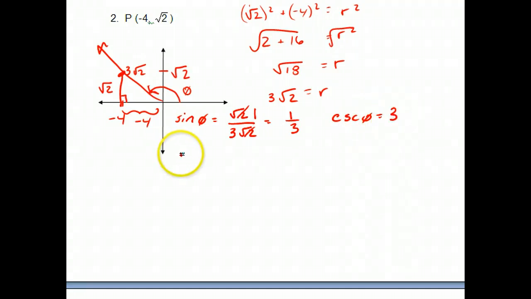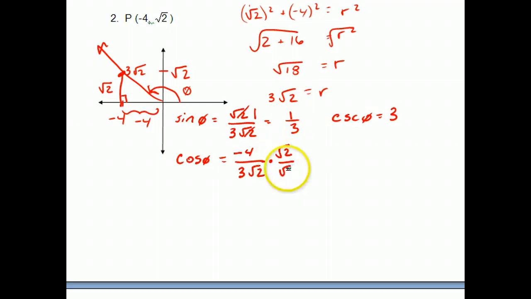Okay. Cos theta is going to equal x over r. So that's going to be minus 4 over 3 roots of 2. And now we want to do a little simplification here. We're going to get rid of the root sign by rationalizing. So I'm going to multiply by a really convenient 1, root of 2 over root of 2. So I haven't changed the value there at all.